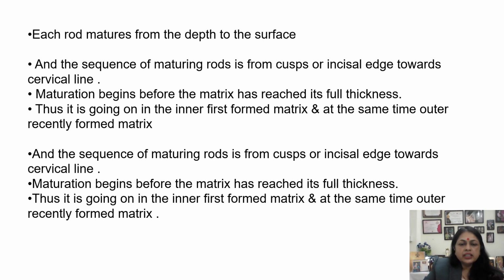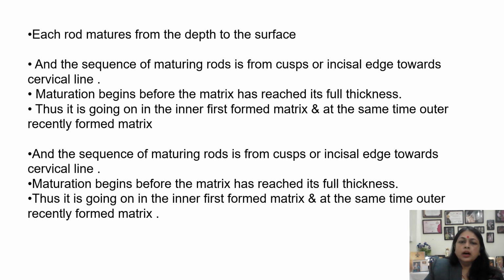And the sequence of maturing rods is from cusps or incisal edge towards the cervical line. So from the outer portion it begins from the cuspal or incisal area and then proceeds cervically, while from the depth it goes from the innermost layer at the dentinal portion, and then outwards towards the enamel. So that is the way maturation occurs.